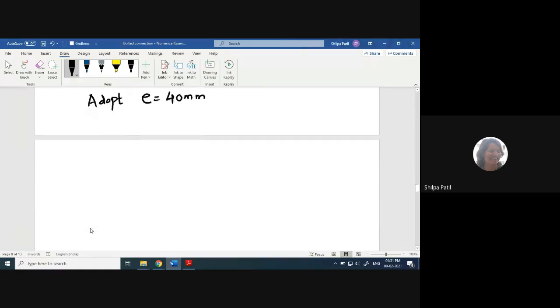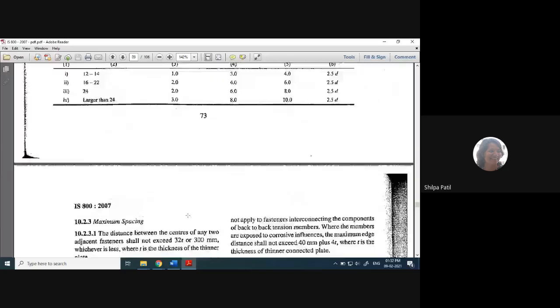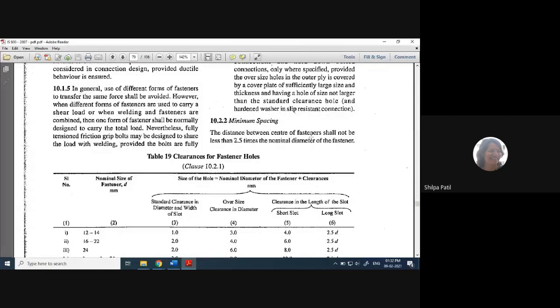Next, we have to find out the pitch distance also. So pitch distance minimum, what is the criteria? Let's go to the code. Minimum spacing is given here in clause number 10.2.2.